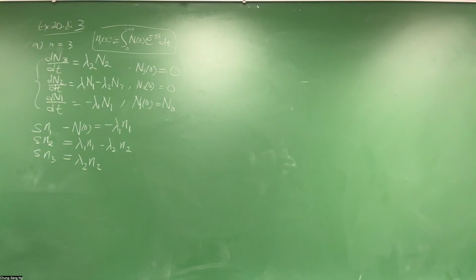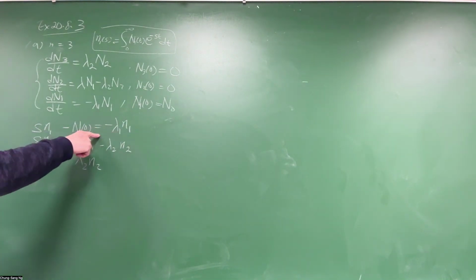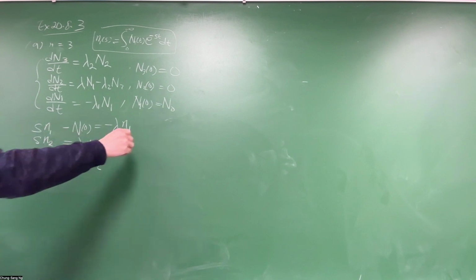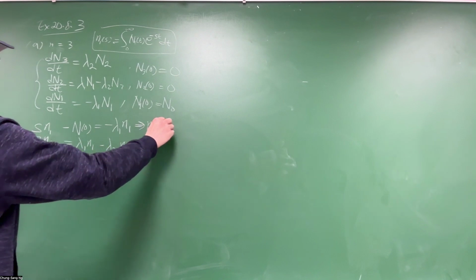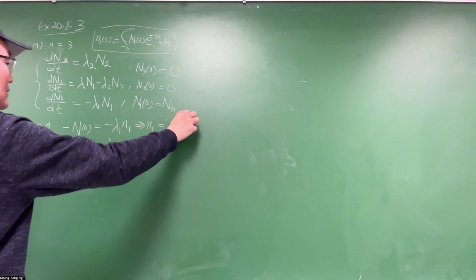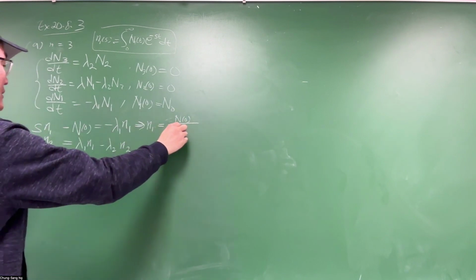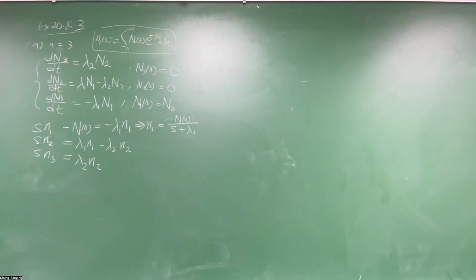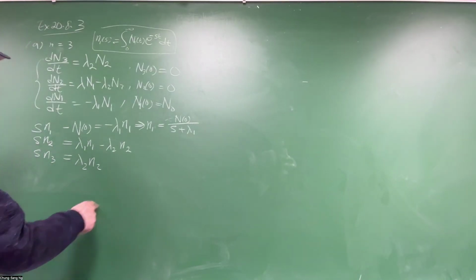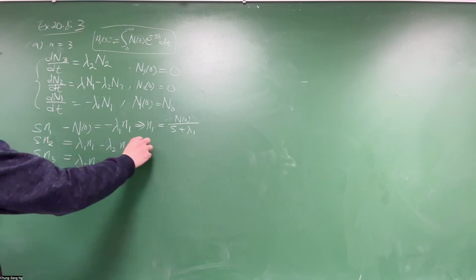Three equations, three unknowns. How do we solve it? N sub 1 should be trivial, right? Because you combine the two that you find. N sub 1 equals N0 divided by S plus lambda 1, right? Now with that, N sub 2 can be solved in terms of N sub 1.